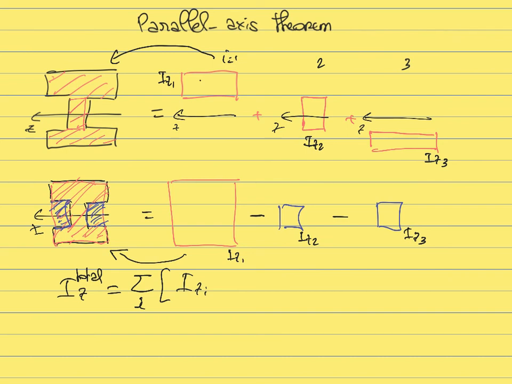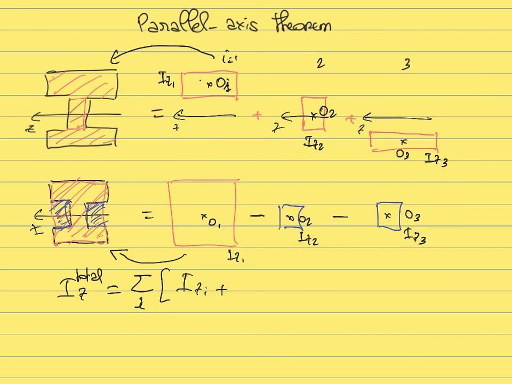But then the second thing that matters is where are those rectangles located. And so the second term that will also matter is the centroid of those rectangles. So if you look at, for example, the centroid O1 of rectangle 1, the centroid O2 of rectangle 2, and the centroid O3 of rectangle 3, in this case O1, O2, and O3 would be like this.